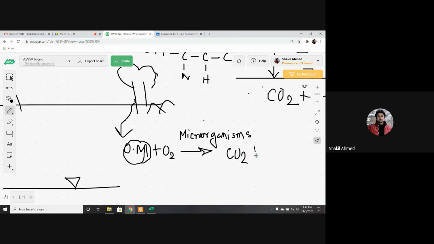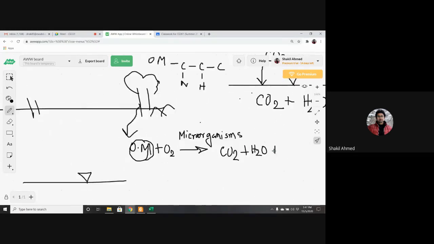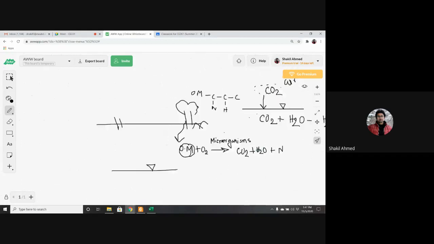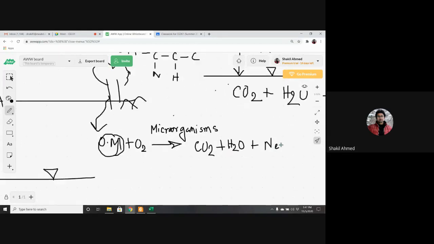Carbon dioxide. So this carbon and oxygen becomes carbon dioxide, water, and new bacteria or new microorganisms. They take them as food, break them down, and produce new microorganisms plus other compounds.